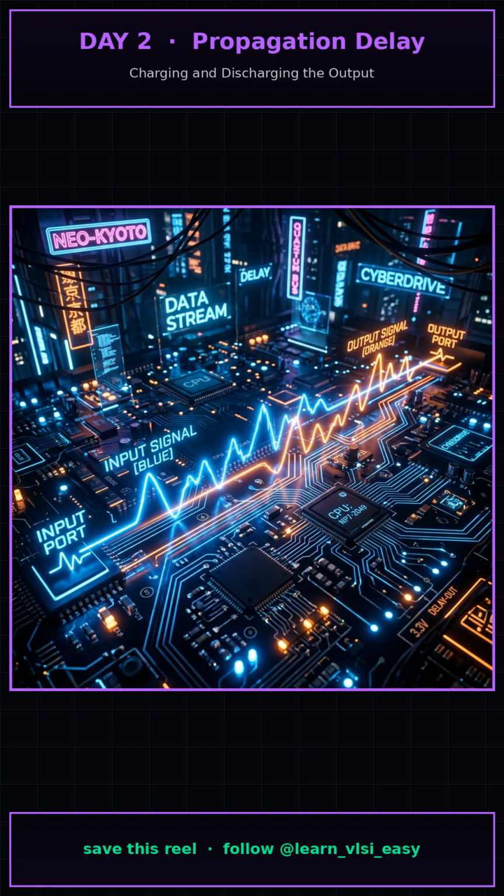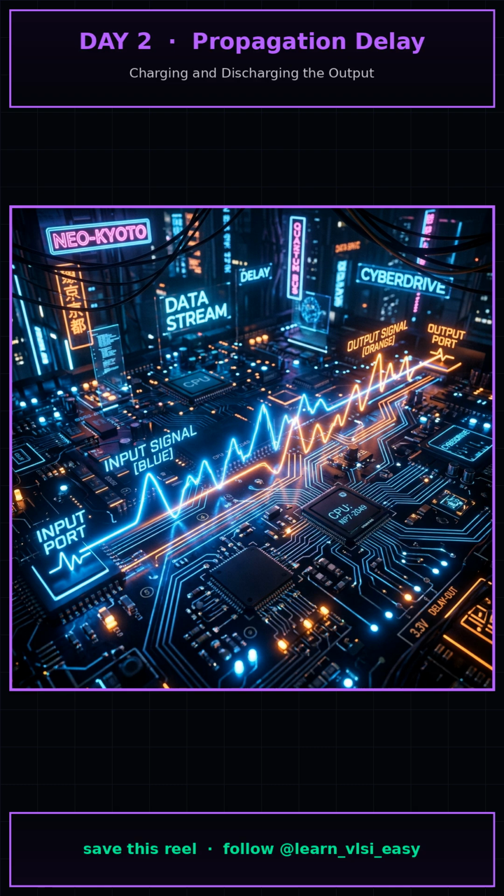Speed is everything in digital design, and propagation delay is the ultimate metric of performance. It measures the time it takes for a change at the input to reliably reflect at the output. Specifically, we measure from the 50% point of the input voltage waveform to the 50% point of the output voltage waveform.